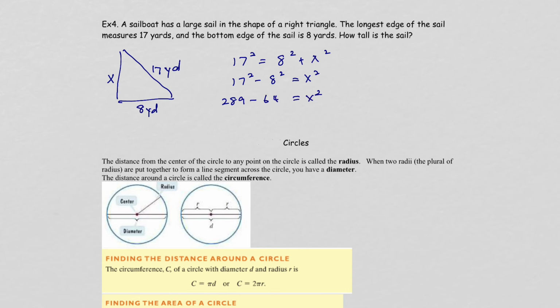When you subtract that, you get 225. And when you square root that, you get x equals 15. So the height is going to be 15 yards.